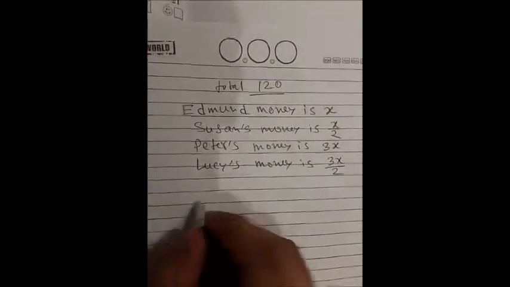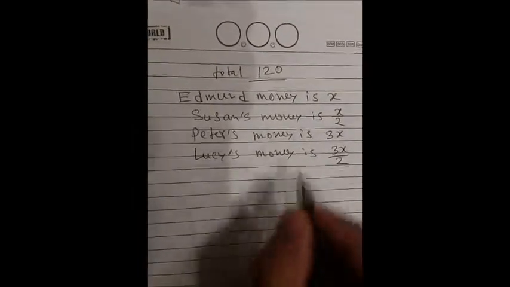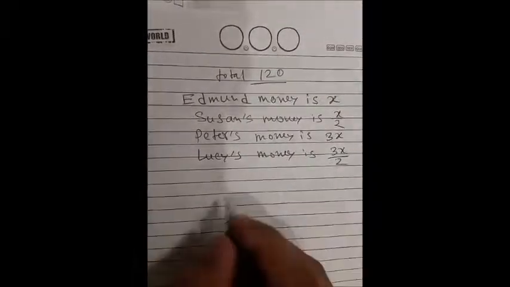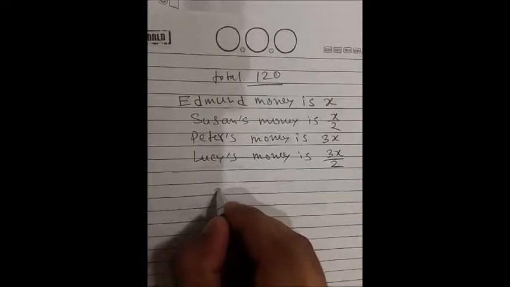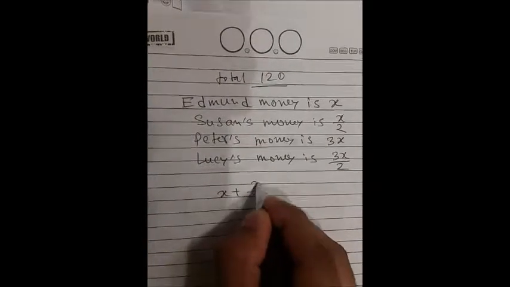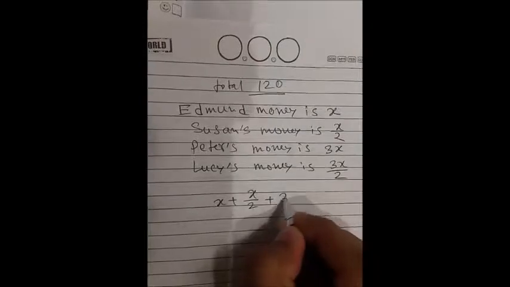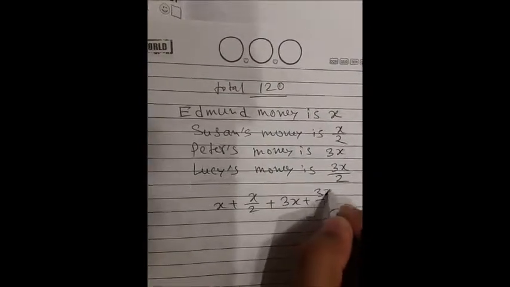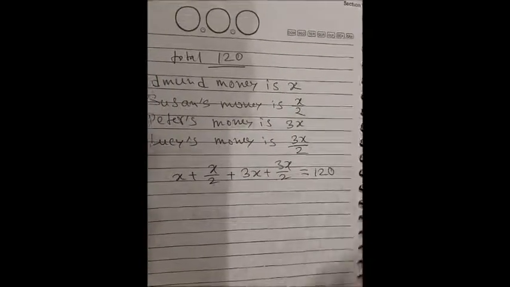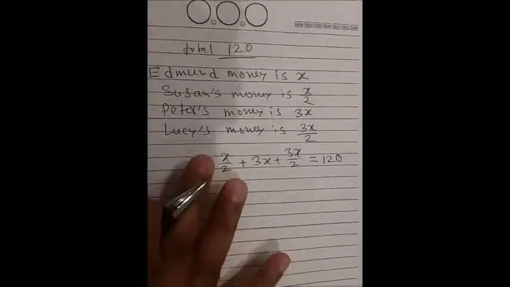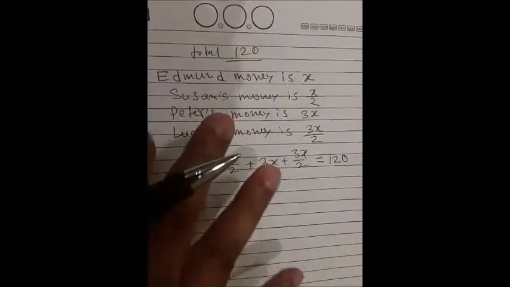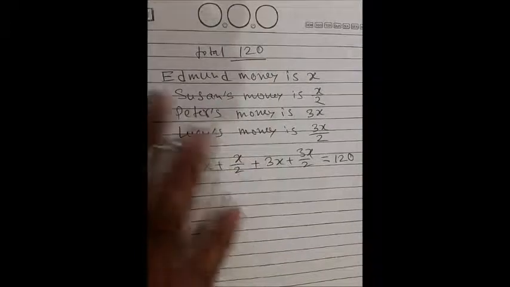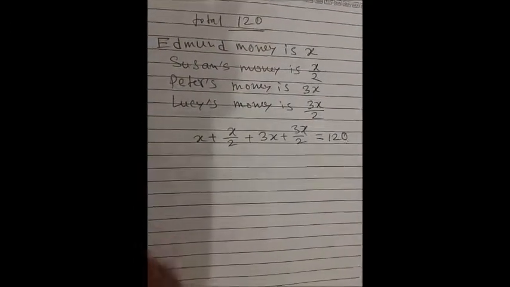So x plus x by 2 plus 3x plus 3x by 2 equals 120. This method is really easy for working out everybody's money, and it does make sense.